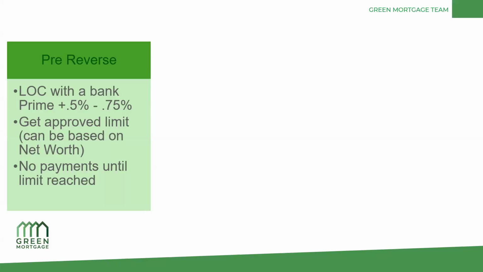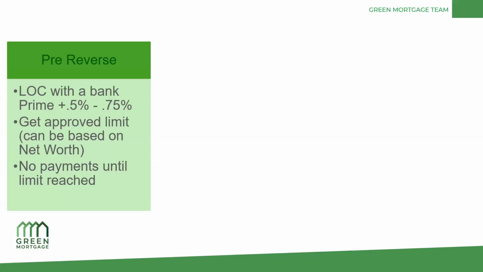Now we ran some numbers, and it looks like the client would not need to make a payment for about 10 years on that. And so every single month, the mortgage payment can go onto the line of credit, and the line of credit will continue to increase, and it will increase like the reverse mortgage, exponentially. But it would take a little over 10 years before that line of credit has been maxed out, and then payments would be required. And at that point in time, a lot of people would then say, well, maybe it's time to go into an actual reverse mortgage at that moment.